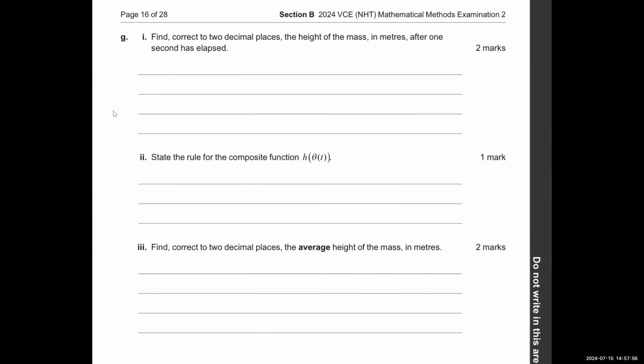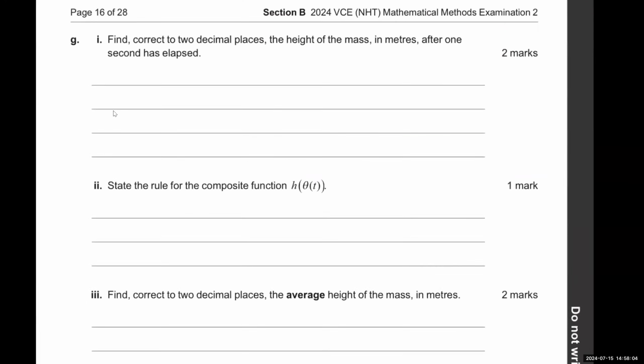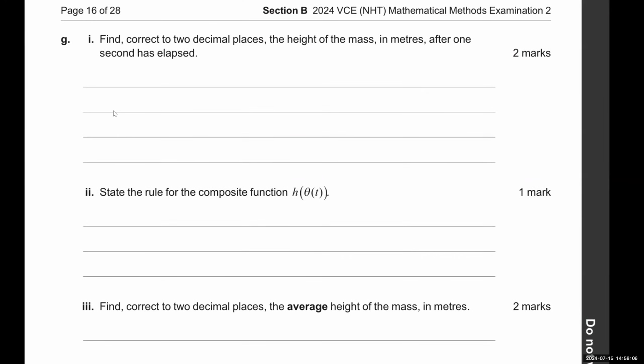Okay, right. Find, correct to 2 decimal places, the height of the mass in meters after 1 second has elapsed. So I suppose you could determine the theta at t equals to 1, which is pi over 3 times, let's say, cosine 9 over 2.